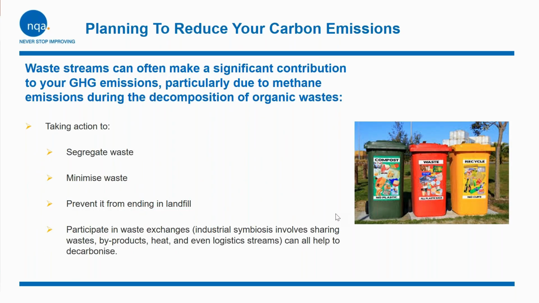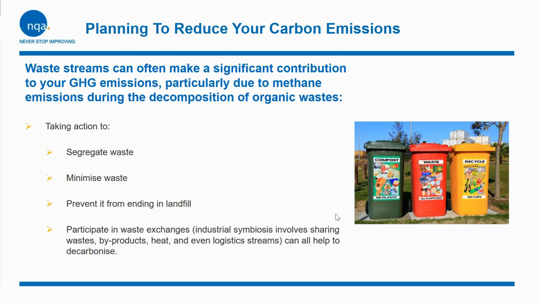So our waste streams can often make a significant contribution to your greenhouse gas, particularly due to methane emissions during the decomposition of organic waste. So very much this overlaps with the 14001 environmental management system. So take action to segregate your waste and minimize that waste.